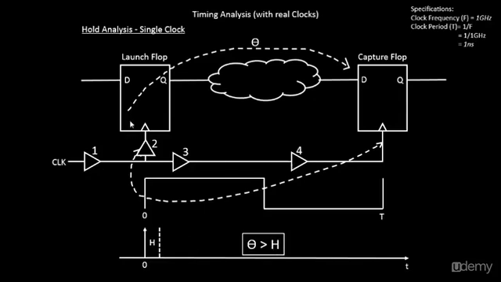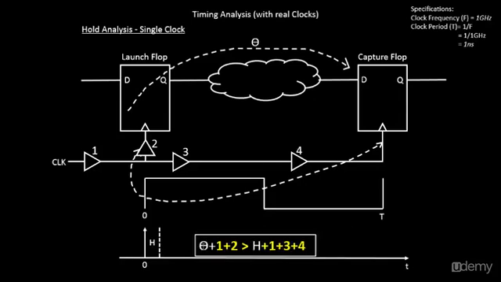For the launch flop, the combinational delay will come into the picture only after it receives this particular clock edge. And when will this clock edge be received at the launch flop clock endpoint? It will be after 1 plus 2. So the only thing you need to do is add 1 plus 2 on the left hand side of the equation. So let's do that.